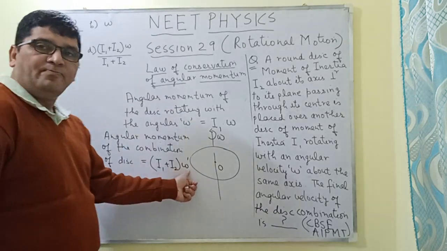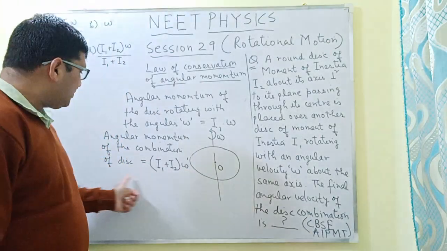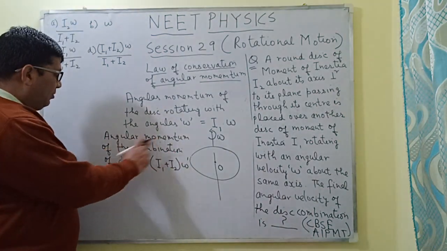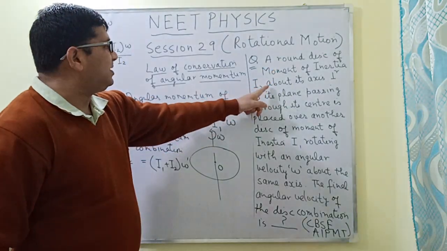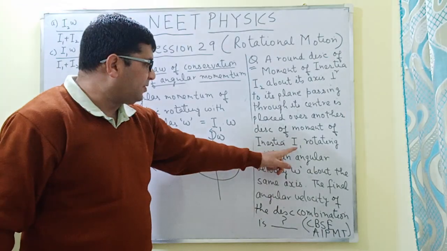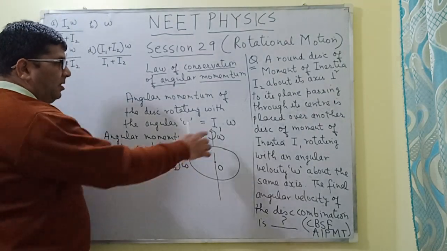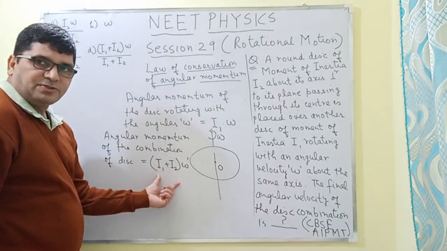Omega dash is the final angular velocity of this disk combination. This is the angular momentum of the combination of disks when the disk of moment of inertia I2 is placed over the disk having moment of inertia I1.